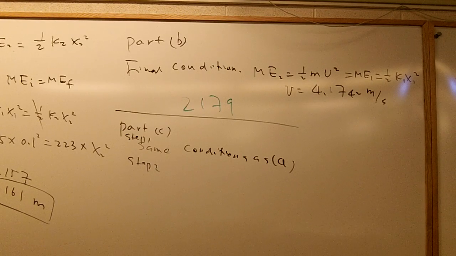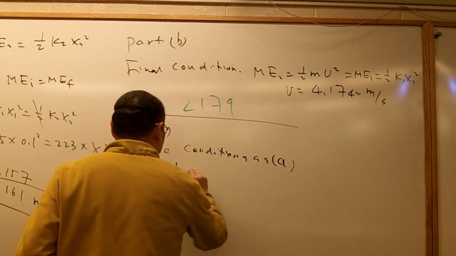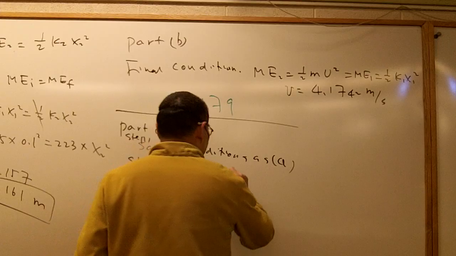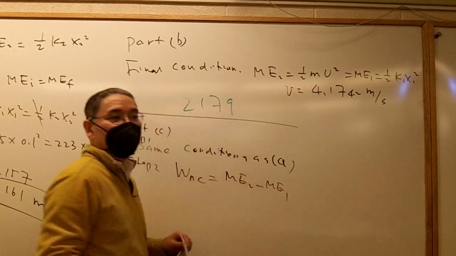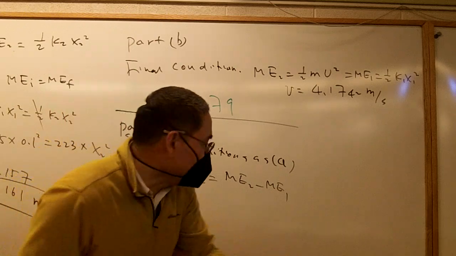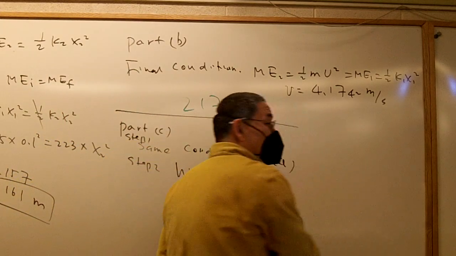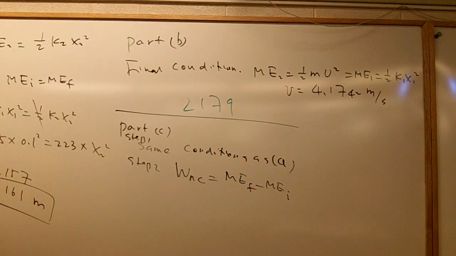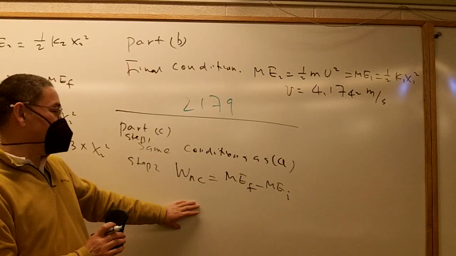In other words, this is the equation you're going to see me write down: W_NC equals ME final minus ME initial. This is the equation we are going to utilize. Remember, this is different because you have friction now. We're going to use this equation directly.